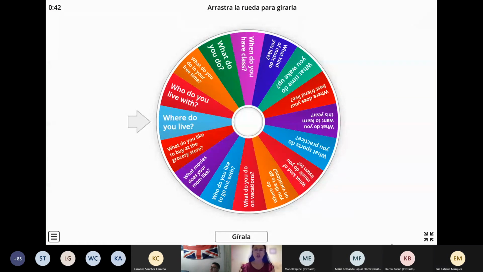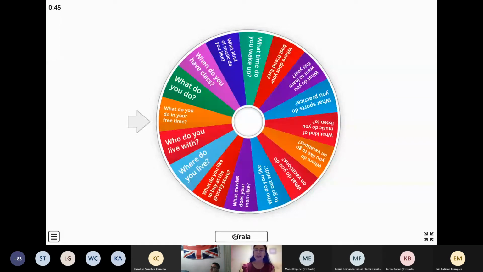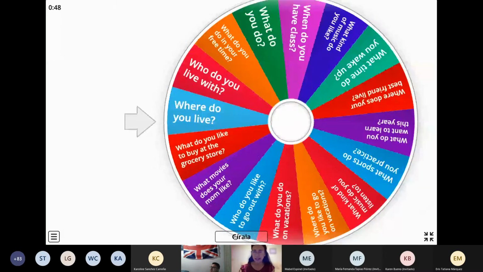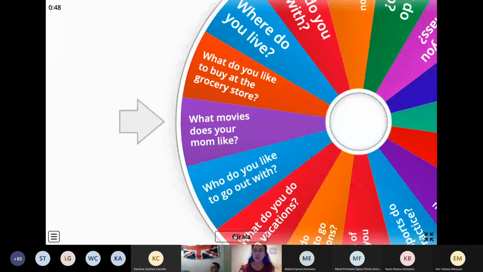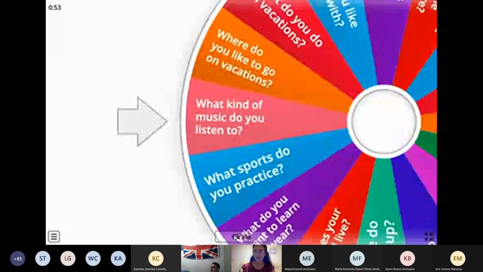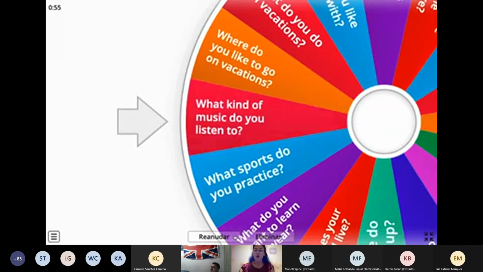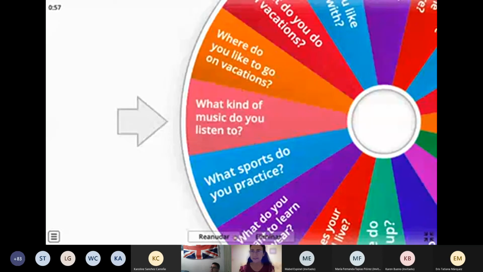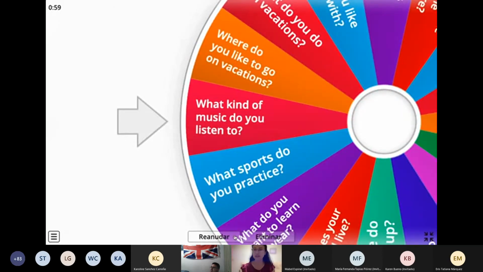Very good. So we are going to turn this roulette, and there are some questions, and you are going to ask the questions using the present simple. What kind of music do you listen to? Who wants to answer the question? Remember that this is asking for likes or dislikes, but the present simple is used.